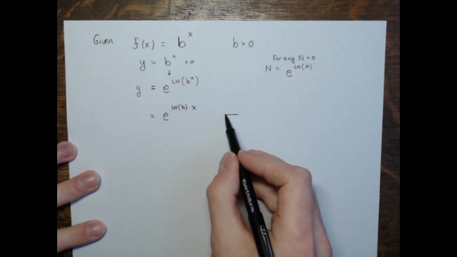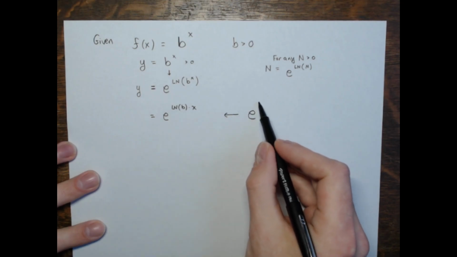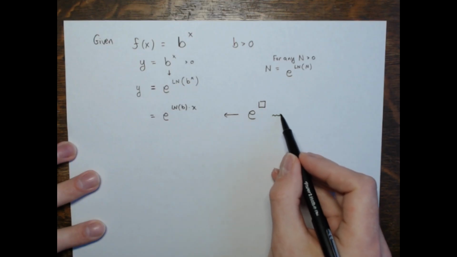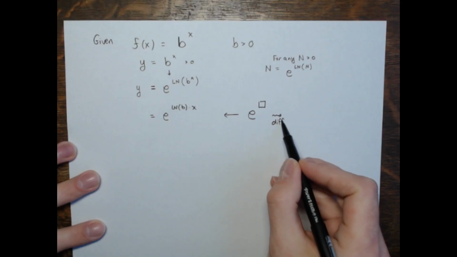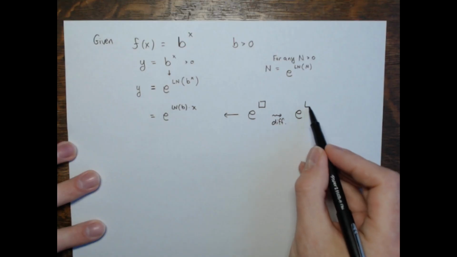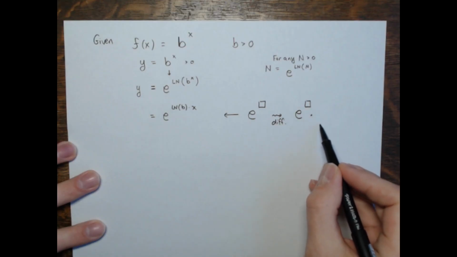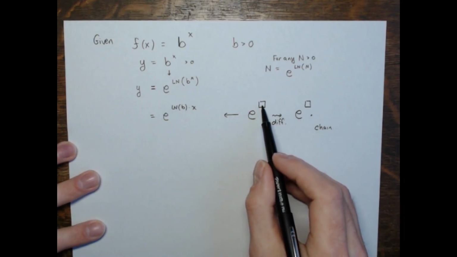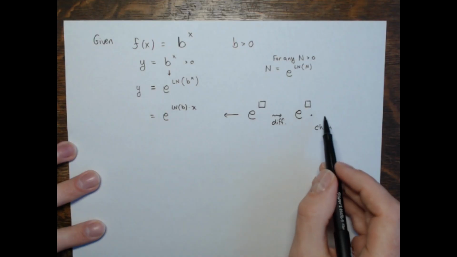So now I have e to some function of x. E to something. So when you go to differentiate that, remember it's going to be itself, but then times, the chain rule would be applied, because if that's not just x in the power, you have a composition.